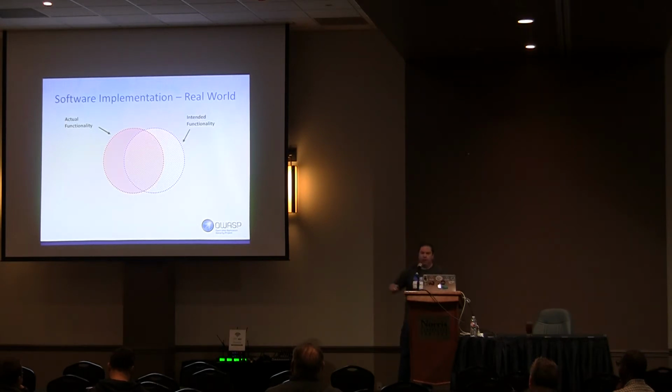And so in the area where you have actual functionality that wasn't intended, this is unintended and undocumented functionality. This is our application security issues. In the middle, where we have actual and intended functionality overlapping, we have our built features. This is the stuff that we wanted to design, we actually did design, we're good. And then where we have intended functionality that wasn't actual functionality, those are our bugs, right?